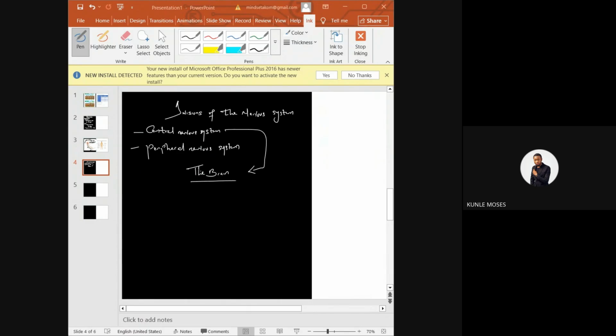Cranial nerves are nerves that originate directly from the brain. And humans have 12 pairs of cranial nerves, in case they ask you.